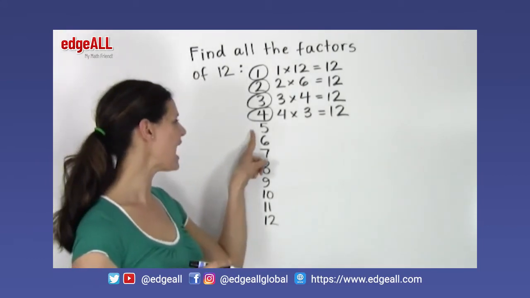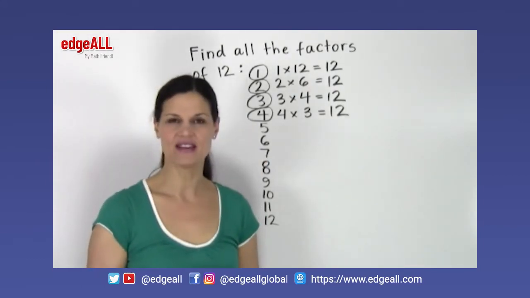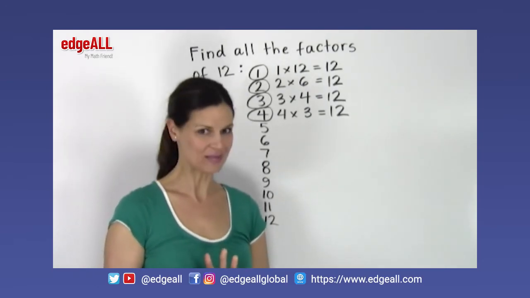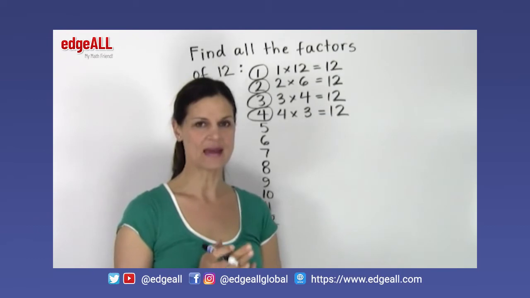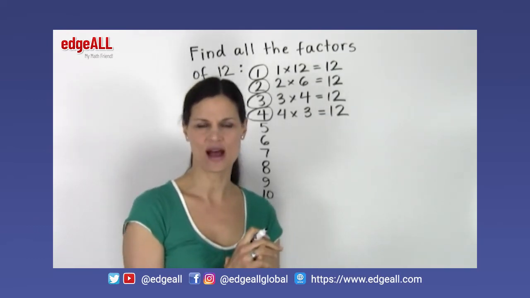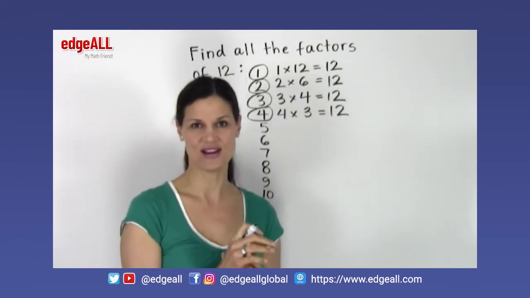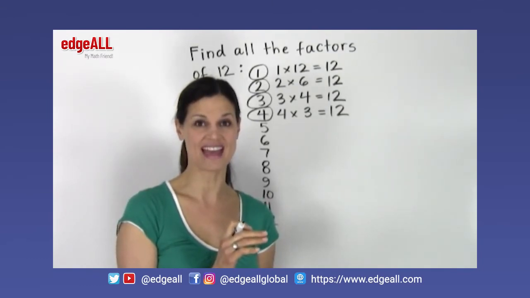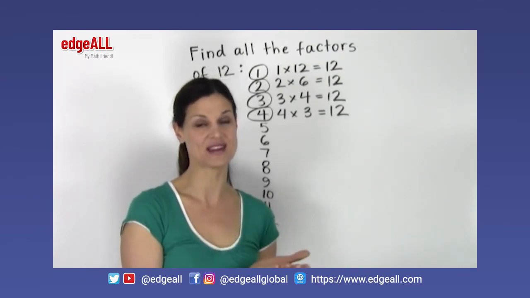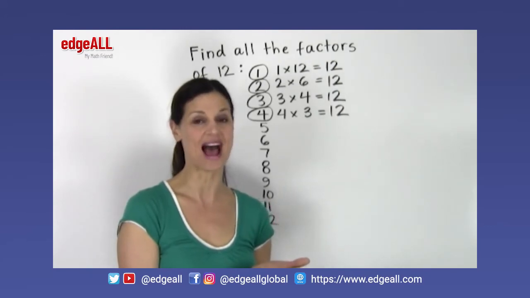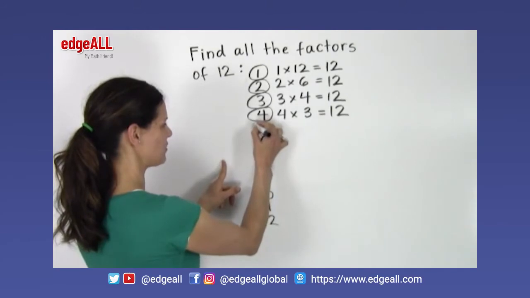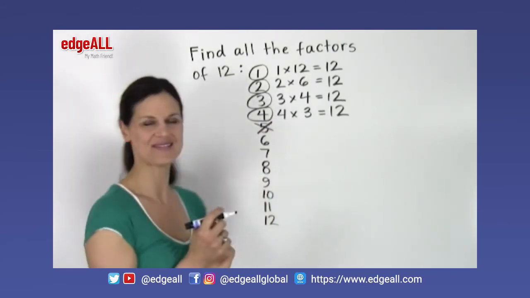Now what about 5? When I get to 5, I ask myself, is there any whole number that I can multiply by 5 to get 12? And the answer is no. 5 times 2 equals 10, and the next whole number after that is 3, so 5 times 3 equals 15, and that's too high. So 5 is not a factor of 12. I'll cross out the 5.